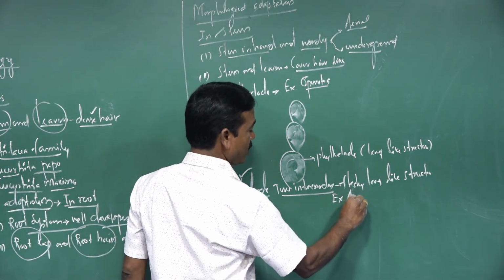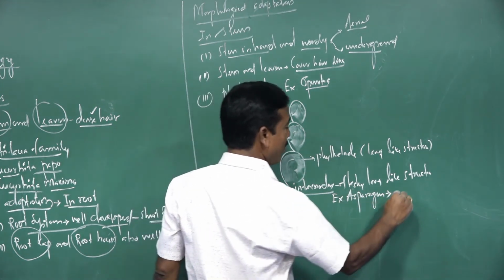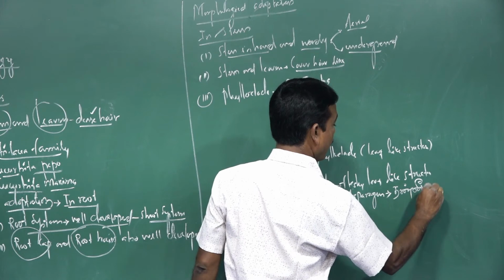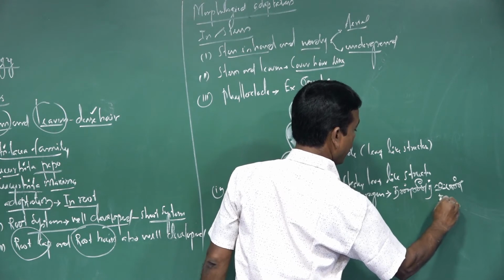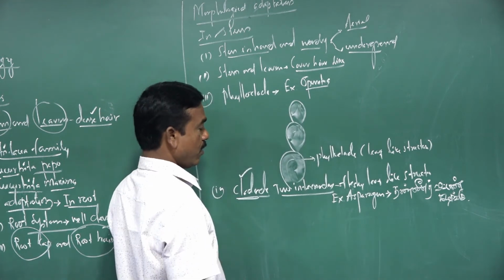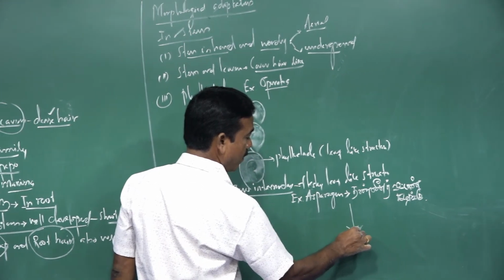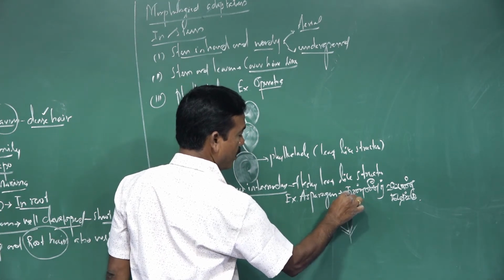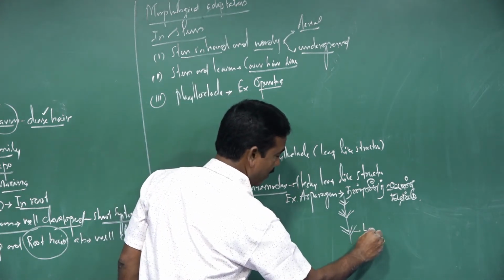Example, asparagus. In Tamil, Thanneer Vittan Kizhangu. You know the structure? That is a leaf-like structure.